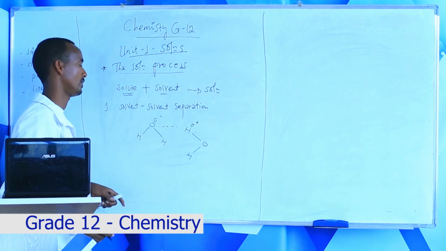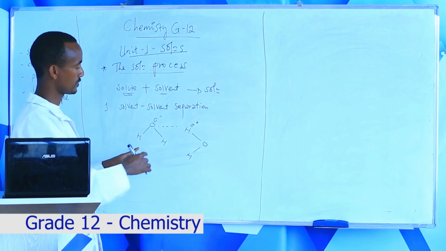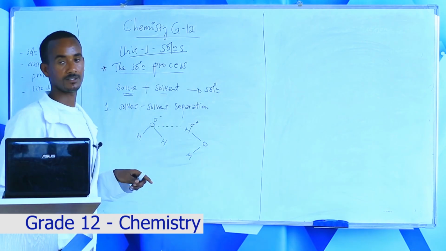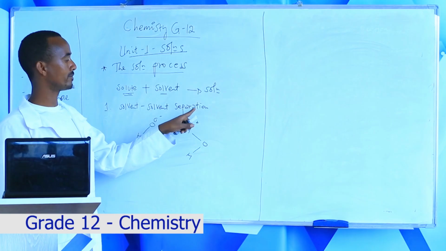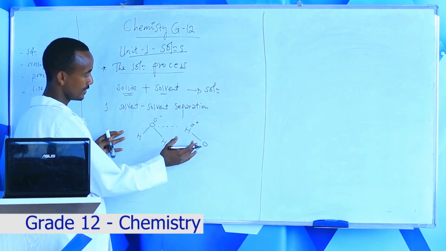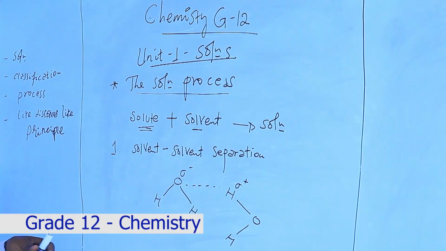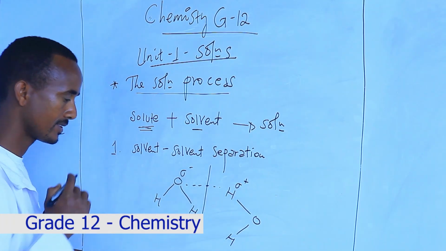So, to produce a solution by using a water solvent, these water molecules must first separate. The intermolecular force that holds solvent molecules together must first be broken or weakened.